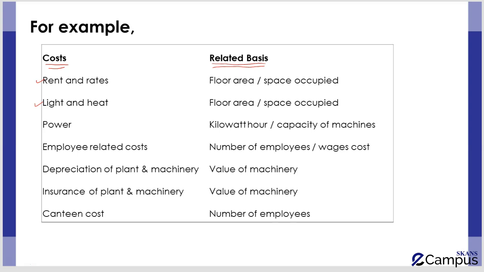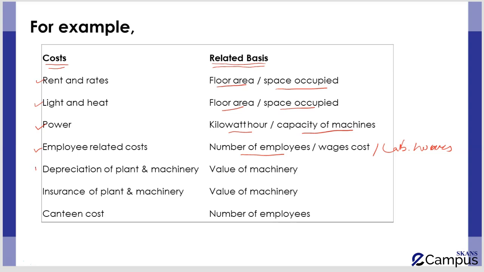Like for rent and rates, the base information we use is floor area or space occupied. For lighting and heating, we normally use floor area and space occupied. For power, we use kilowatt hours or capacity of the machine. For employee related costs, we use number of employees or wages cost, or it could be labor hours as well.